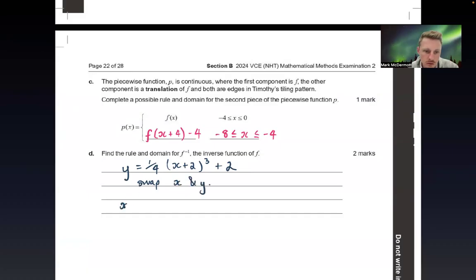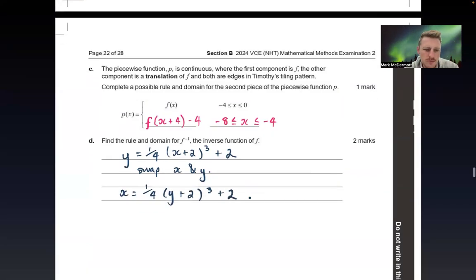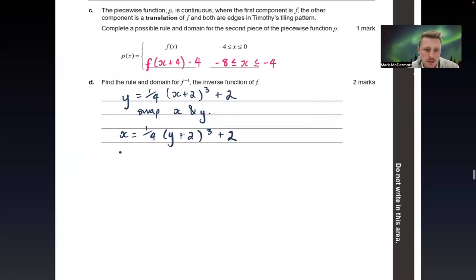So you get x equals 1/4 times y plus 2 cubed plus 2. So, try and solve this. So you get x minus 2 equals y plus 2 cubed on 4. So you get 4x minus 8 is y plus 2 cubed.